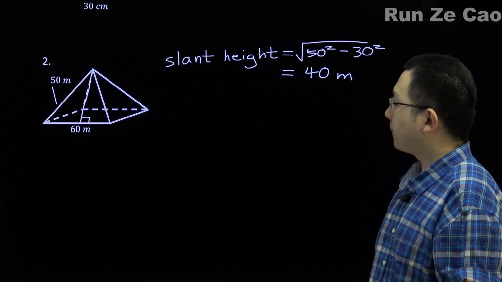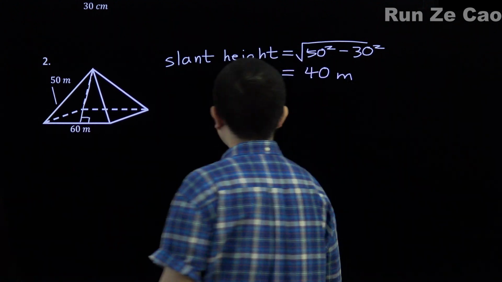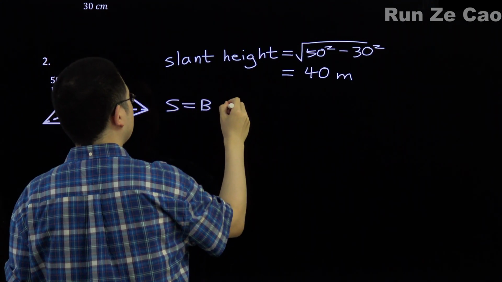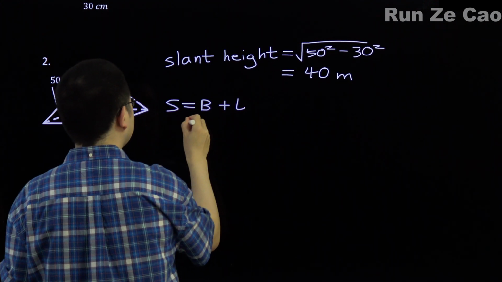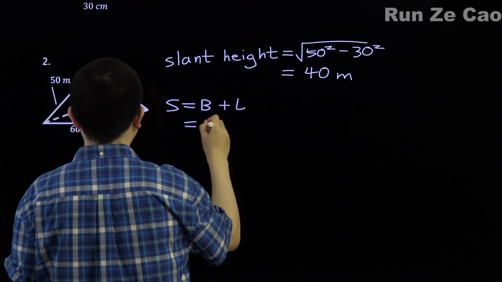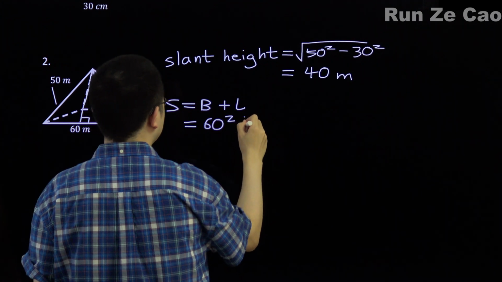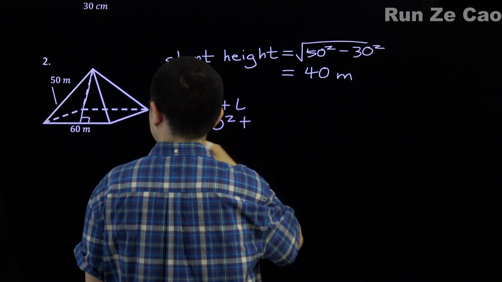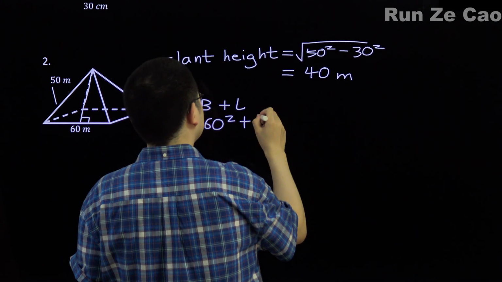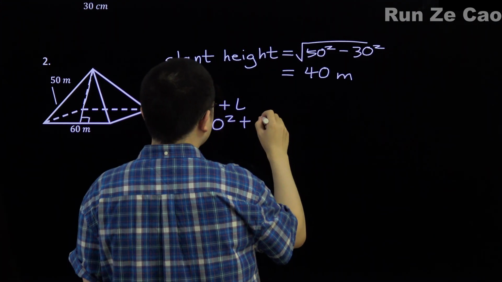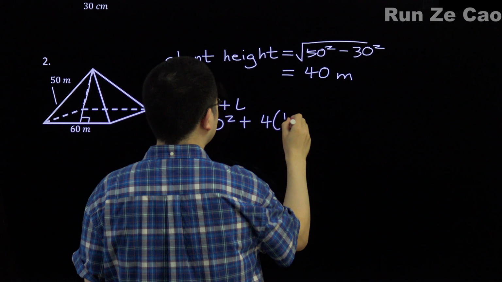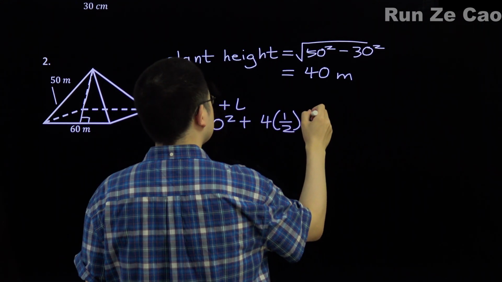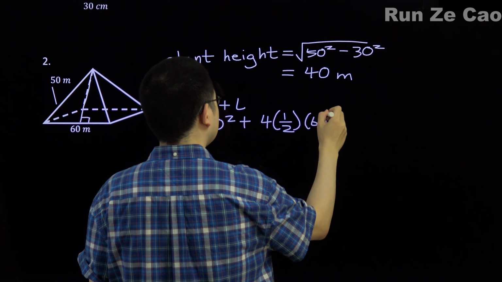Now, what happens when we calculate the surface area? Well, that's equal to base area plus the lateral area, which means 60 squared plus the lateral area of, well, it's a square base pyramid, so it's 4 times 1/2 base times height. Base is 60.